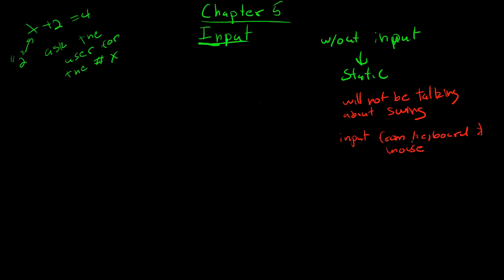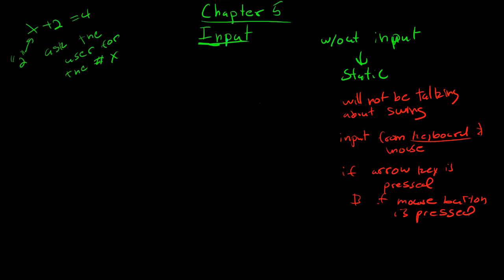And this doesn't mean you can't type anything. It's more like if an arrow key is pressed, and if a mouse button is pressed. We will not be talking about these things.